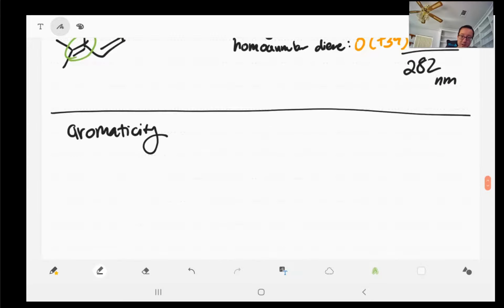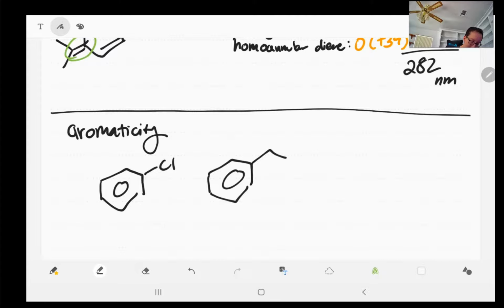But first things first, we're going to talk about naming a couple of these things. So we're going to see that we're going to have quite a few substituted benzenes that have special names. Some benzenes have got low priority groups on them. You'll name them as benzene as your parent name.